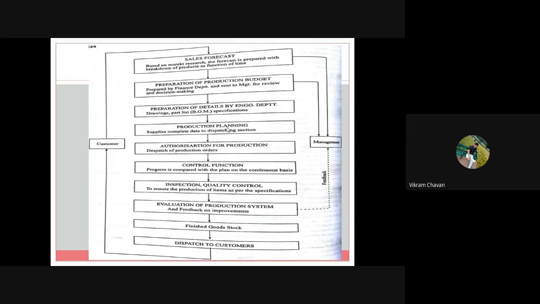Such types of orders will be dispatched to the respective employees or workstations.